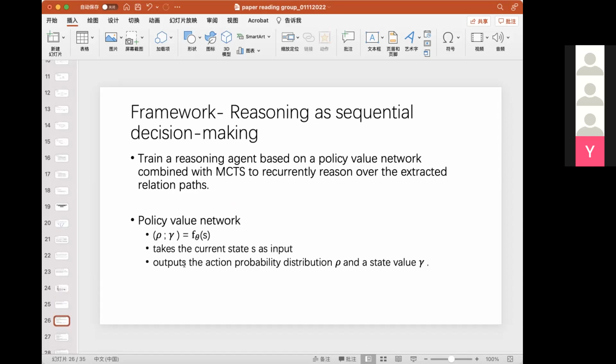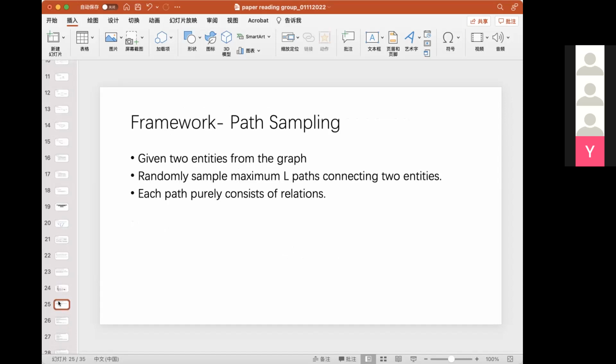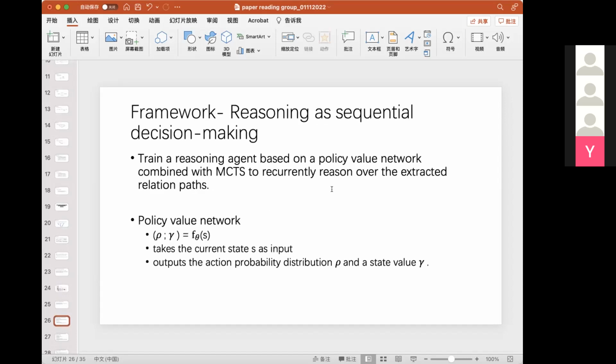Given such a sampled path, next we will try to model the reasoning as sequential decision making. The idea here is that we would like to train a reasoning agent based on the policy value network combined with Monte Carlo tree search to recurrently reason over the extracted relational path.